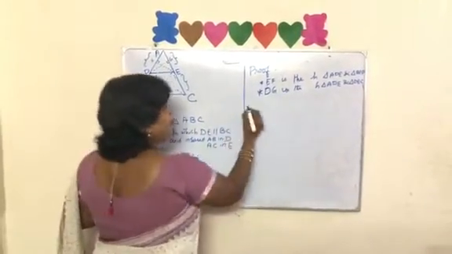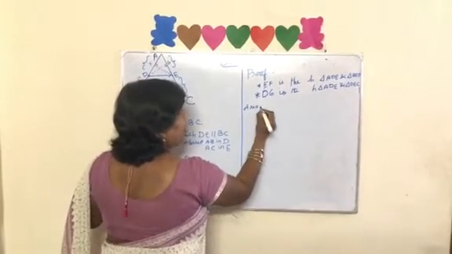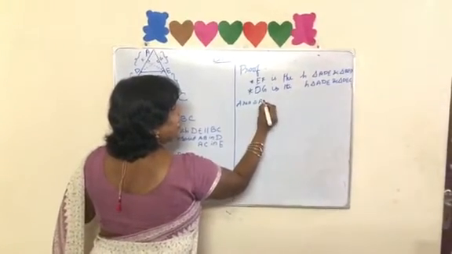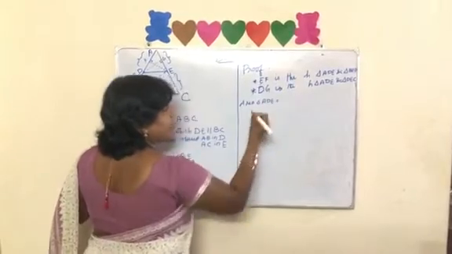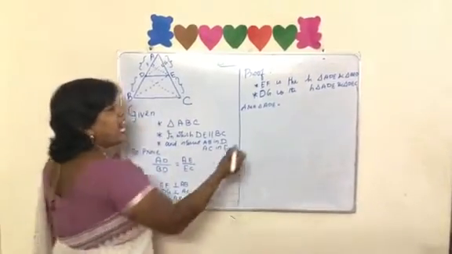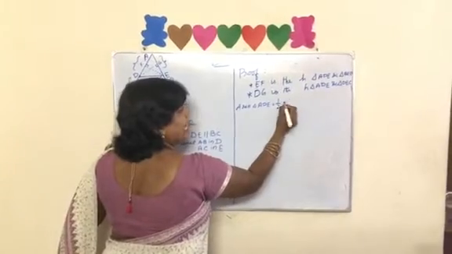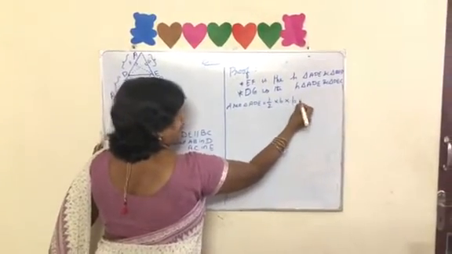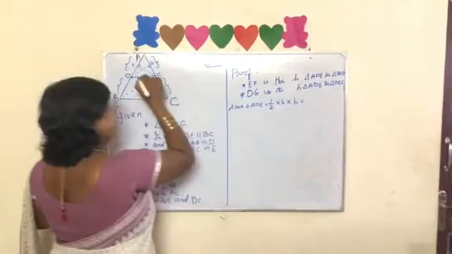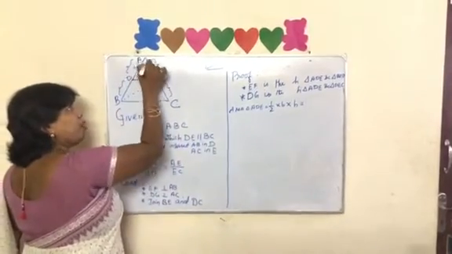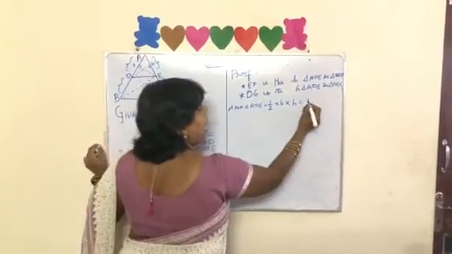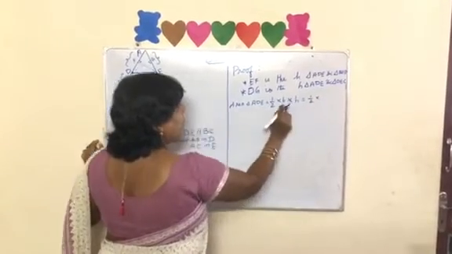The next step, area of triangle ADE. Before, I said the formula for the area of a triangle is half into base into height. Now for triangle ADE, the upper smaller triangle, the half I already know.